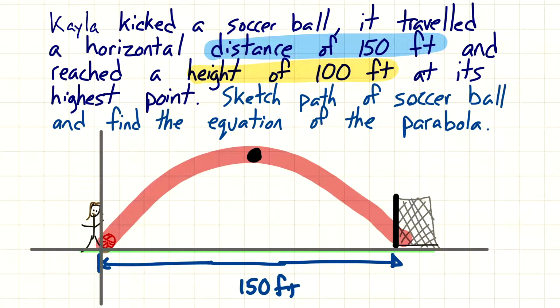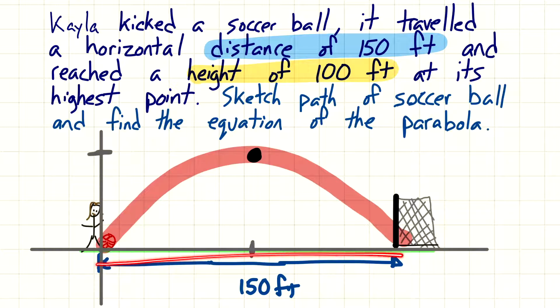So the question is, what is the vertex? How high? And what's this point? So what's our H and what's our K? You tell me. What's the vertex? All right, let's see. This one might be a little tricky. A common mistake is for people to use the 150.